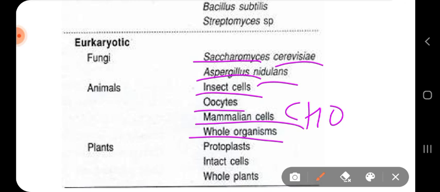Now, as you have learned in your plant tissue culture, for the plants, we can use the protoplast to introduce our desired DNA, because protoplasts can be easily accessible for getting that DNA.